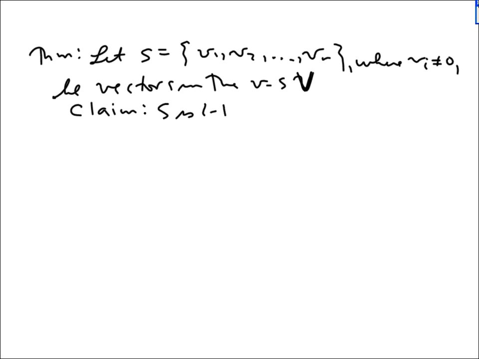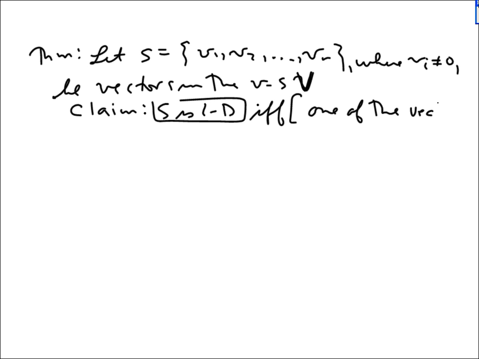Claim: S is linearly dependent if and only if the following. It's a bit complicated to see initially. One of the vectors Vj in S is a linear combination of the preceding vectors.